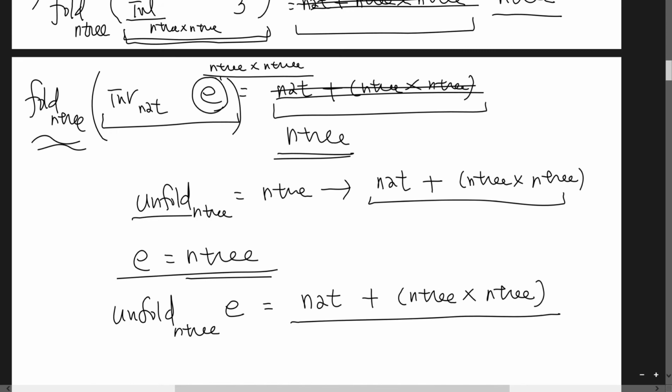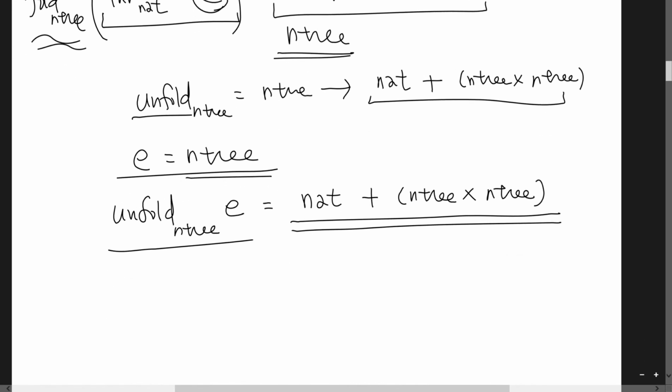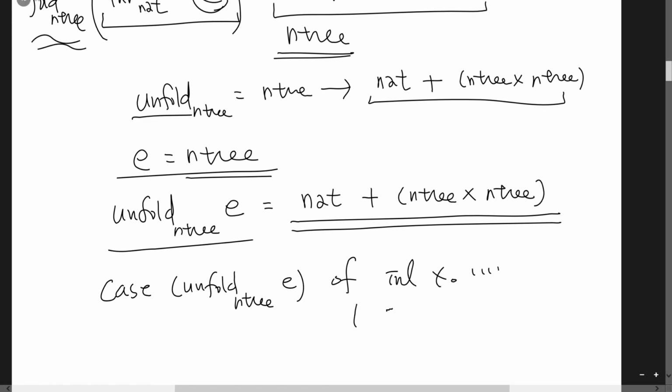Now the problem is much easier because we have this sum type, so we can, for instance, perform case analysis on this unfolded natural number 3 expression: e of injection left x, or injection right y.